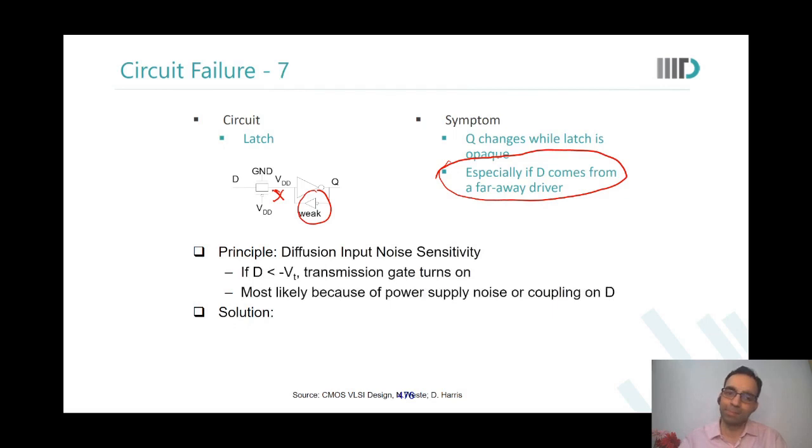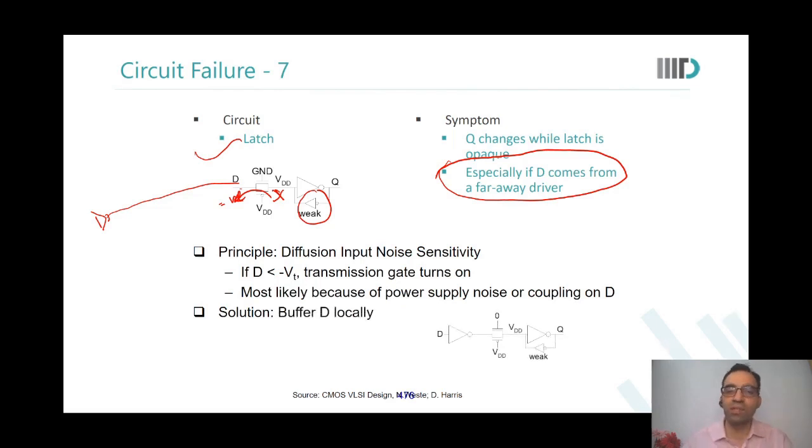So again, the diffusion input thing. Now the buffer is very far away, and due to some crosstalk, this went to a negative level. That is where X discharged. So the solution again is using buffered inputs.